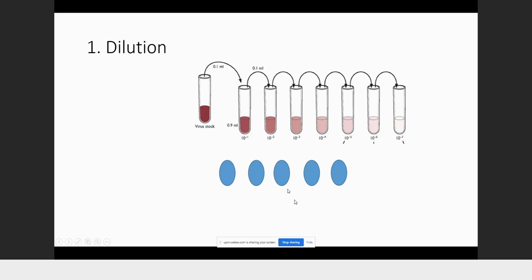However, because the virus is quite high in dilutions -1, -2, and -3, most of the time they will give positive results. So we just discard them because we already know the result, and we start from dilution 3 or dilution 4.